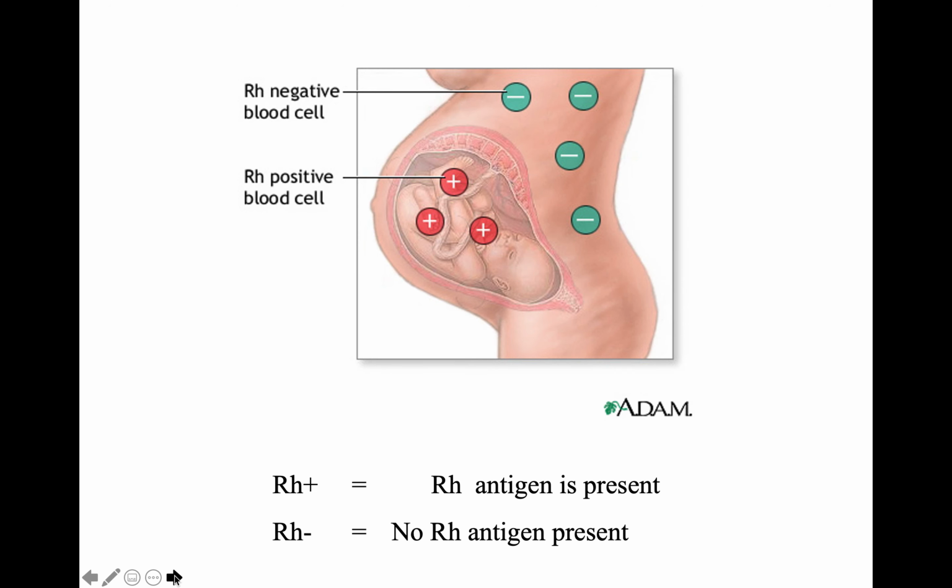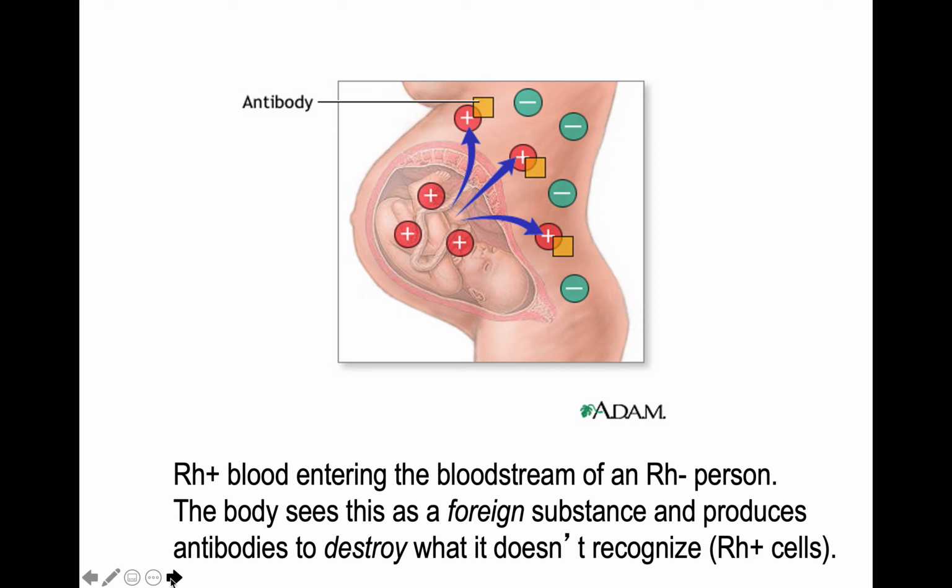So in looking at this picture, you can see we've got an Rh positive baby, which is much more common than Rh negative, and we've got an Rh negative mommy. The Rh positive has the Rh antigen present on the red cell. And on the mommy's cell, the Rh negative, no antigen is present.